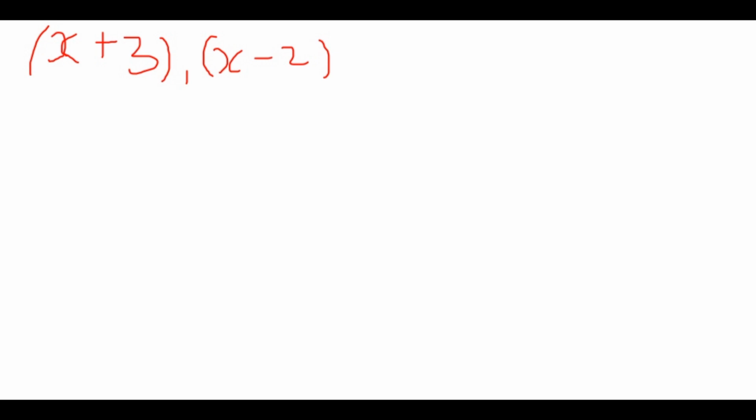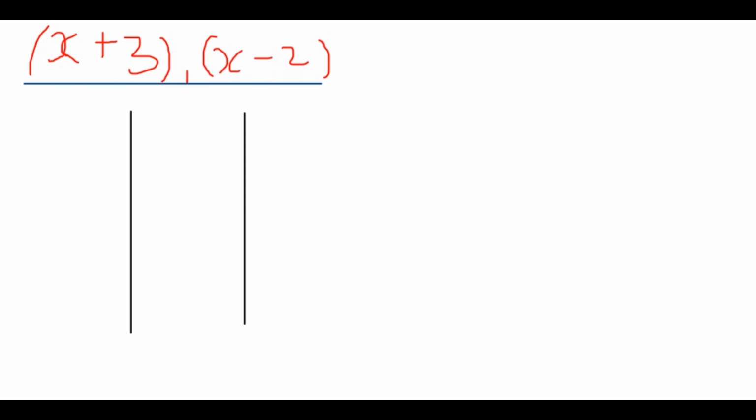So in this case, like the previous examples, we're going to start by drawing a table, and then we write the figures inside the table. Here we'll have x plus 3, and here we'll have x minus 2.